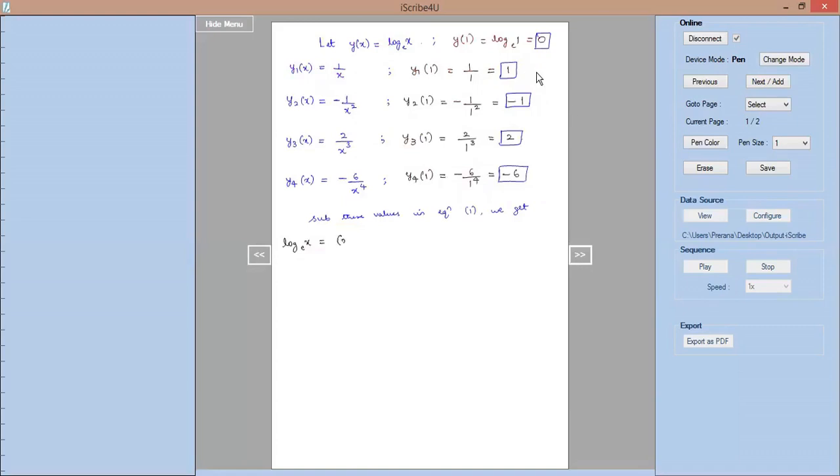So we have x minus 1 plus x minus 1 the whole square divided by 2 factorial, which is 2, into y2 of 1. y2 is minus 1, plus x minus 1 the whole cube divided by 3 factorial, which is 6, into y3 of 1, which is nothing but 2, and the next term will be x minus 1 the whole power 4 divided by 4 factorial, which is 24, into minus 6, that is y4 of 1. So we substituted all the values.